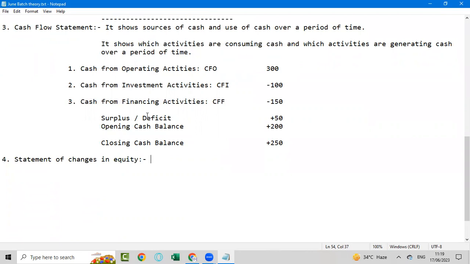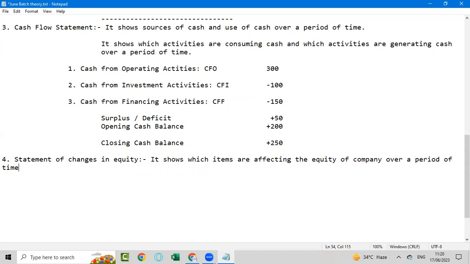Now, statement of change in equity. It shows which items are affecting the equity of the company over a period of time.